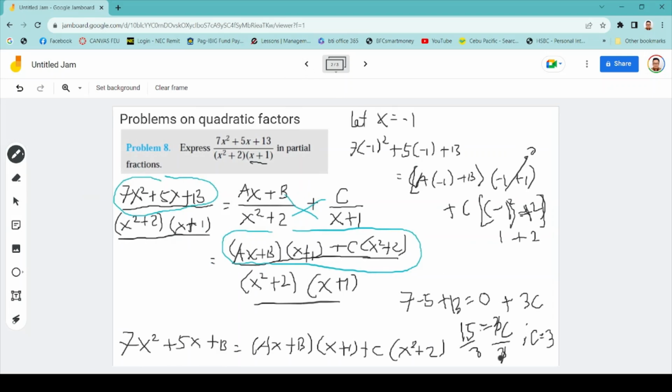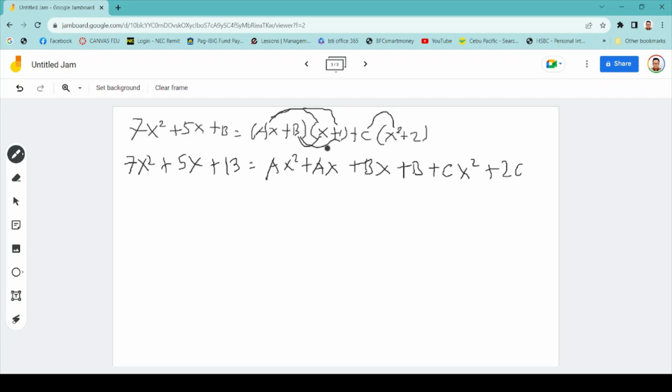Earlier, we already calculated c equal to 3. So we have to compute for a and b. Let us get the coefficient of x squared. Here you have 7, here we have a, and here we have c.